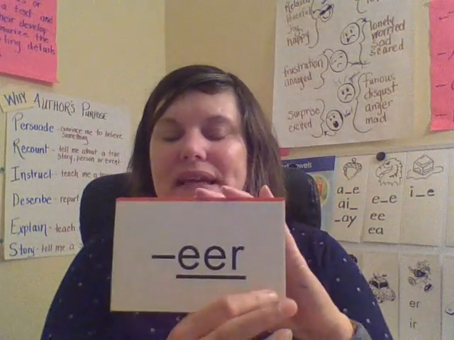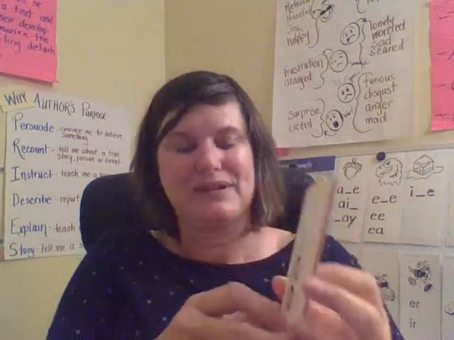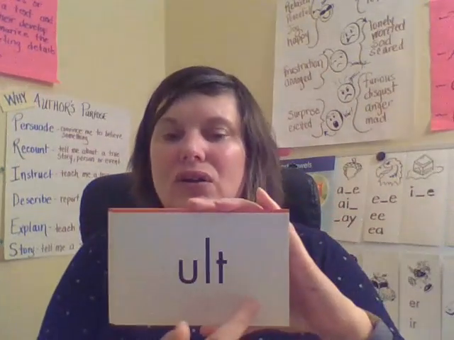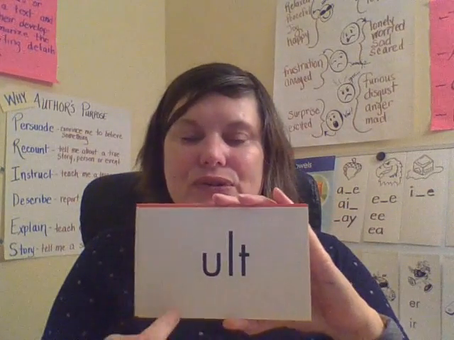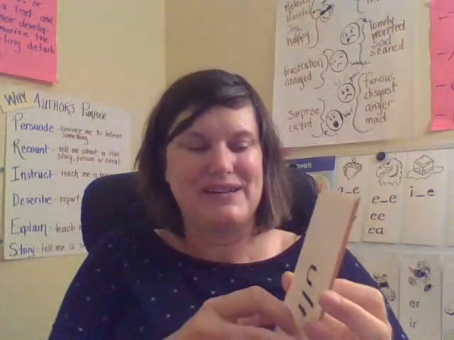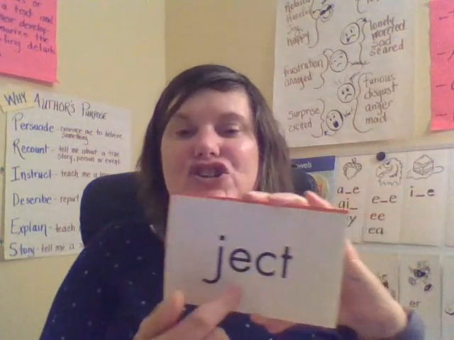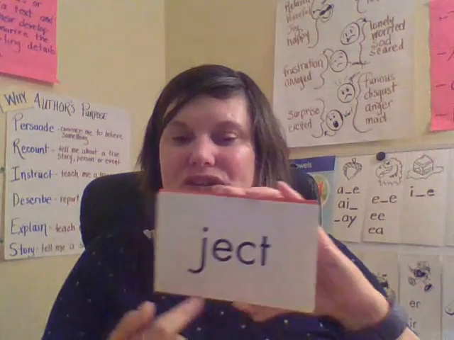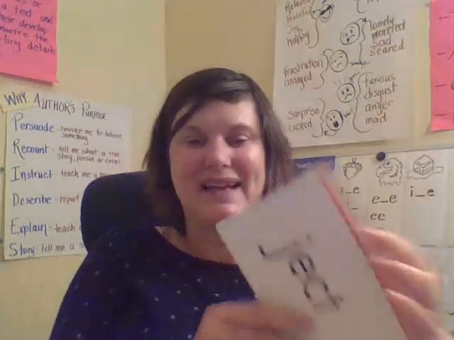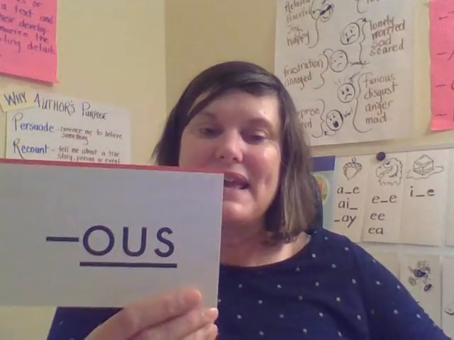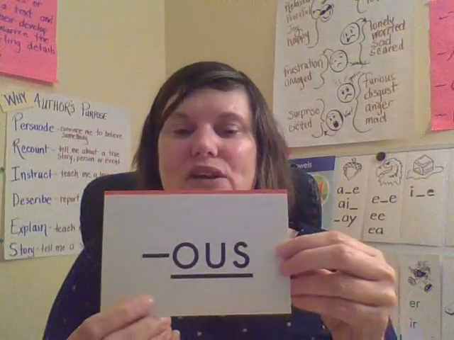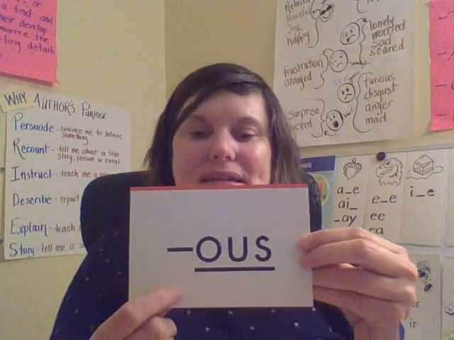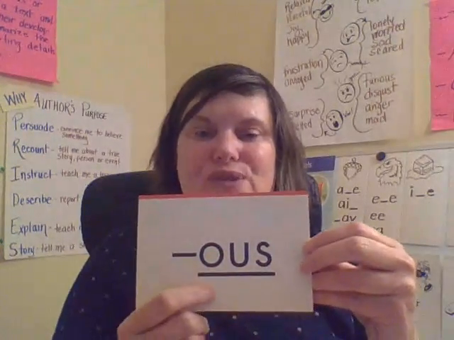Ear. Together, ear. Your turn. Good job. Alt. Together, alt. Your turn. Good. Ject. Together, ject. Your turn. Excellent. And this is like dangerous, enormous. Is. Together, is. Your turn.